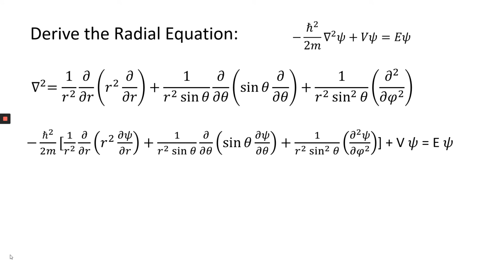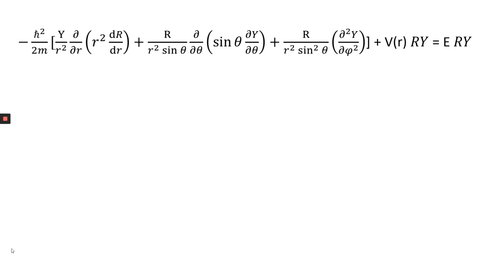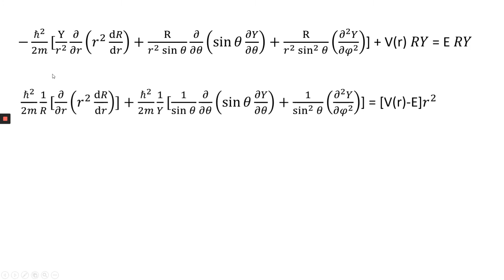But to solve for our wave function, we know that the wave function has two components, which are the radial distance component and the theta phi component. Plug it in, we get this. To reorganize this equation, we divide both sides by R Y and multiply r squared on both sides as well.